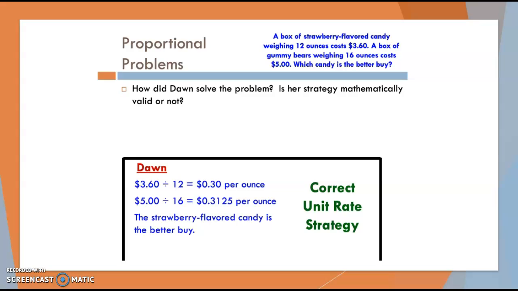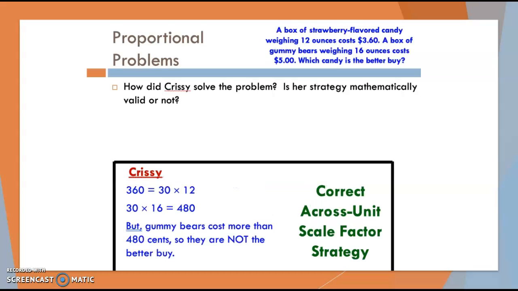Okay. And again, you can go back to a previous lesson if you want a refresher of the core of that strategy. Chrissy decided to do equations of 360, so she moved the decimal point, equals 30 times 12.